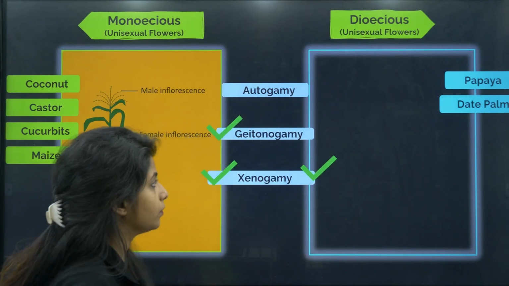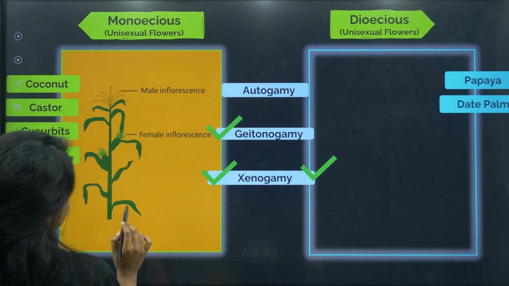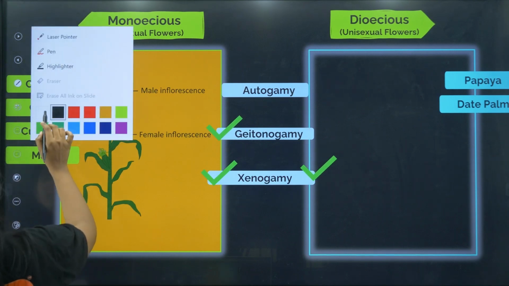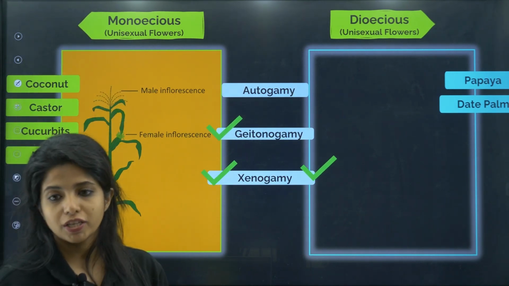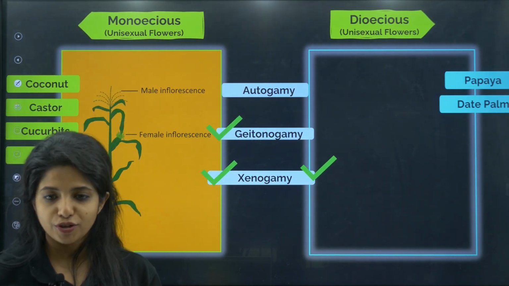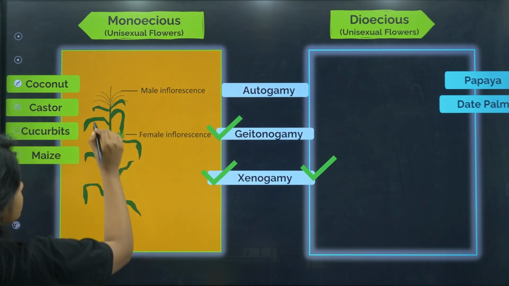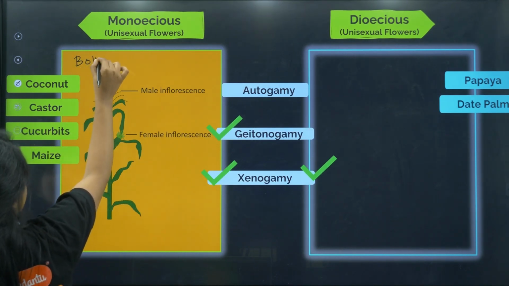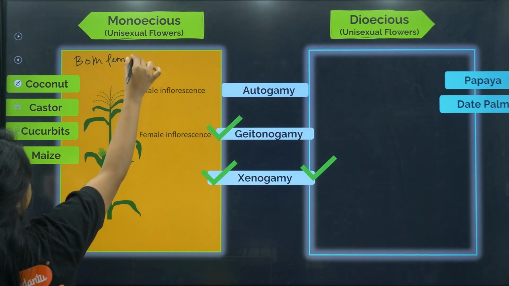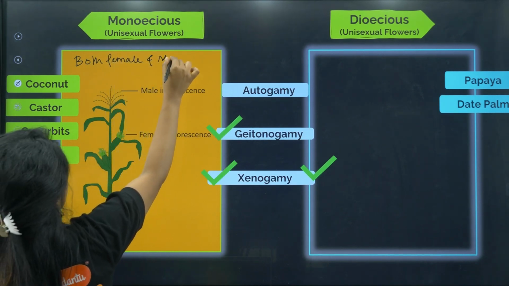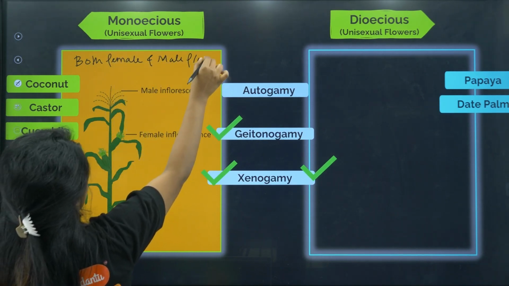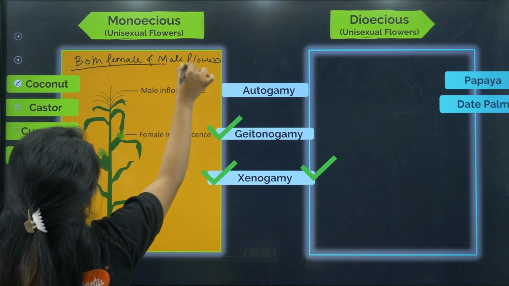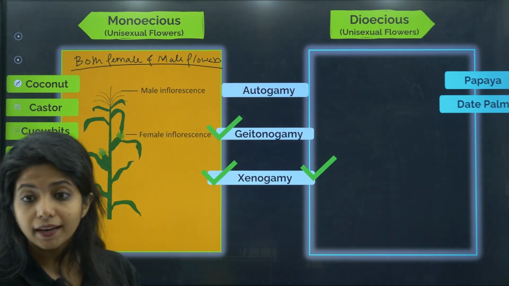Now going ahead, you have two types of plants. One type are known as monoecious plants, another are known as dioecious plants. Monoecious are the ones where you will find both female and male flowers.